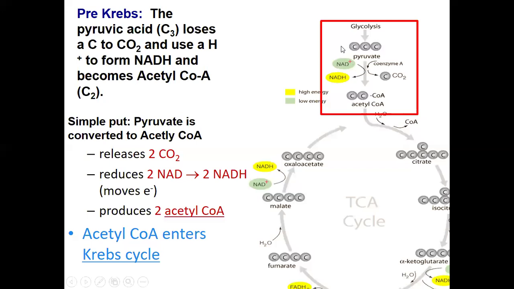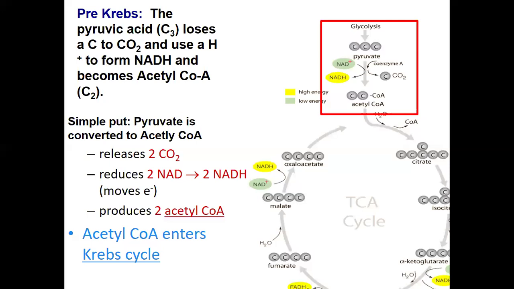So here you can see a summary of the journey coming from glycolysis going to pyruvate, and then from pyruvate going to acetyl-CoA.